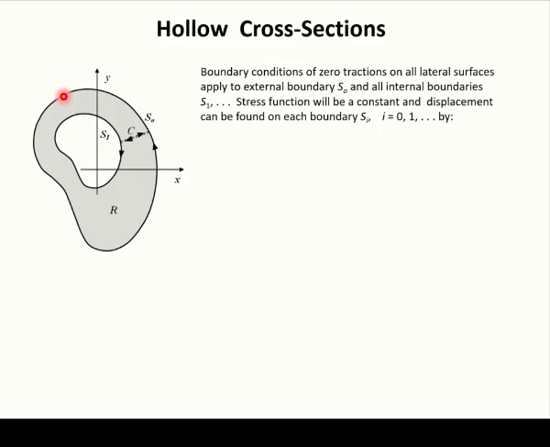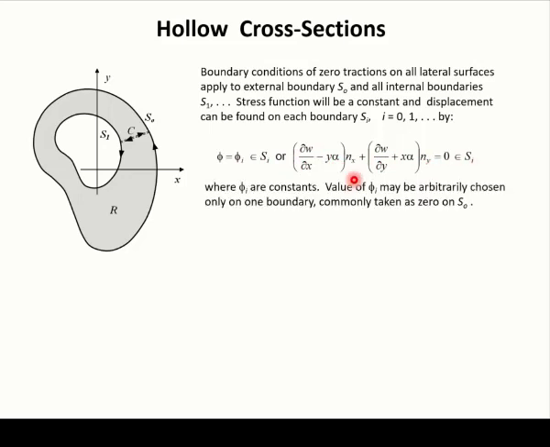From this, we can conclude that the stress functions on the inner surfaces should be constants. For the outer surface we set it equal to 0, but for the inner they just need to be constants, and the displacements can still be found by using the equation given there.